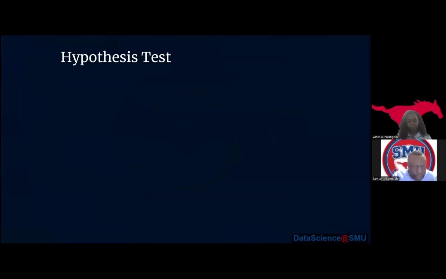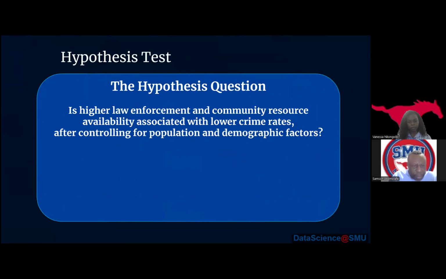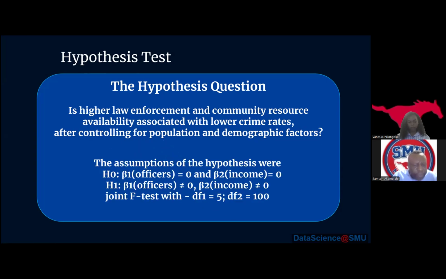As a result of the tests we ran, the crime burden analysis and also the SCRI analysis, we came to ask a question that is very important to us. Do higher levels of law enforcement and community resources reduce crime after controlling for population and demographics? We used a joint F test and we found a statistically significant relationship.